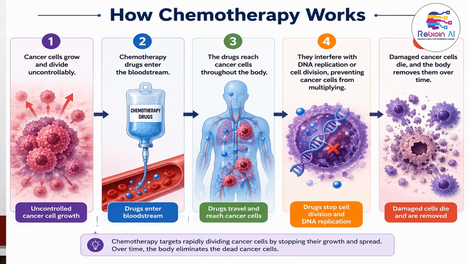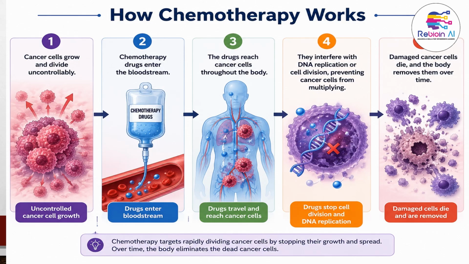Now, I will explain how chemotherapy works. This diagram shows the step-by-step process of chemotherapy treatment. First, cancer cells grow and divide uncontrollably, forming a tumor. Second, chemotherapy drugs are administered and enter the bloodstream.